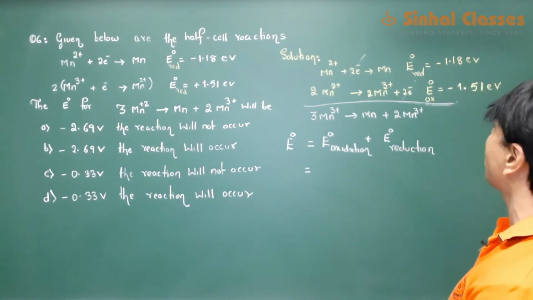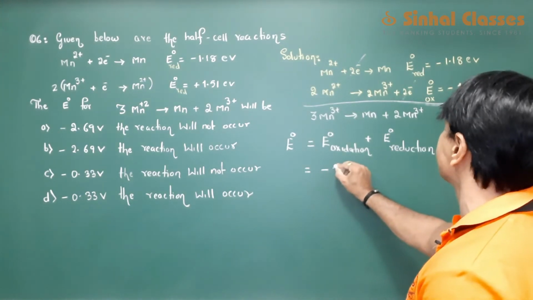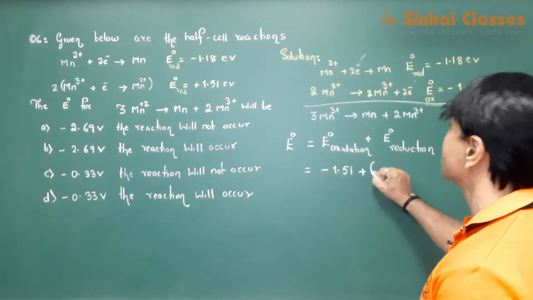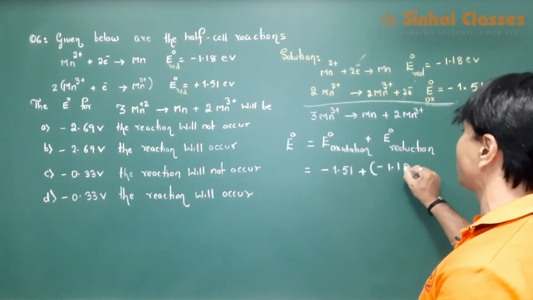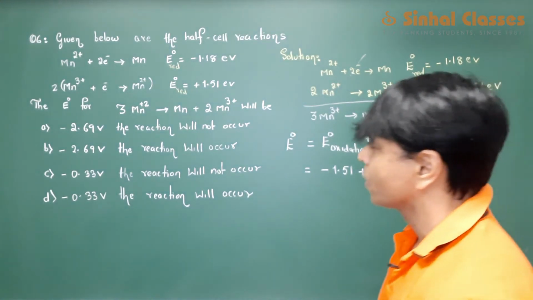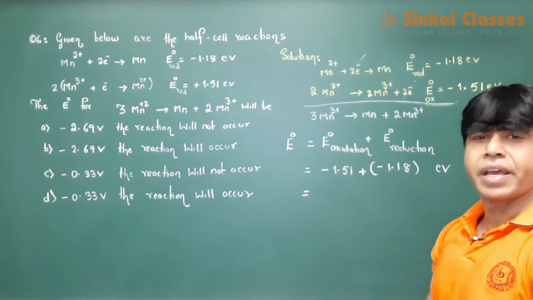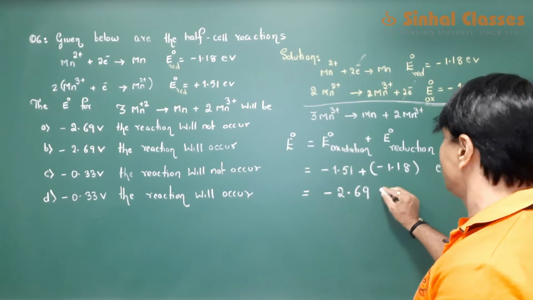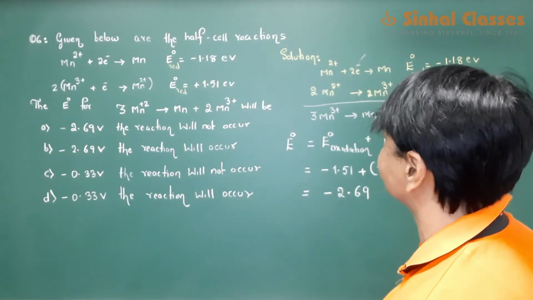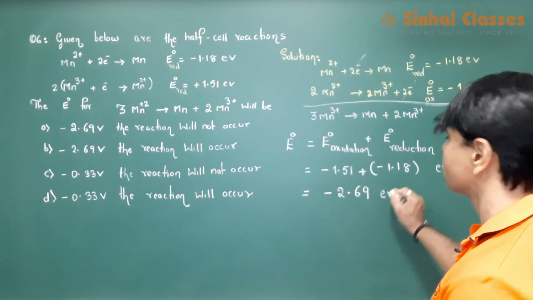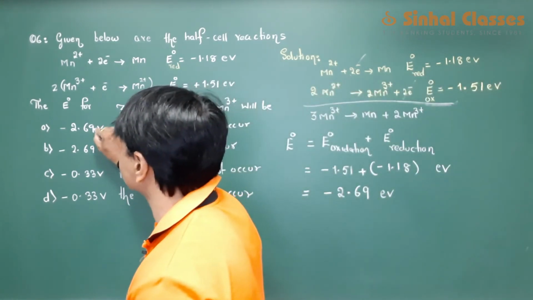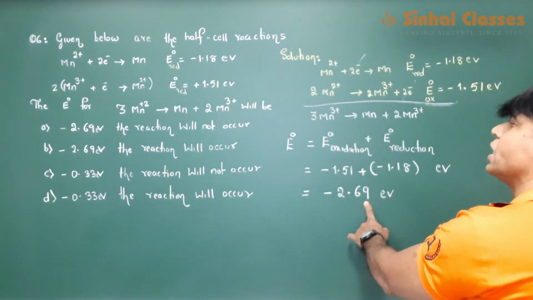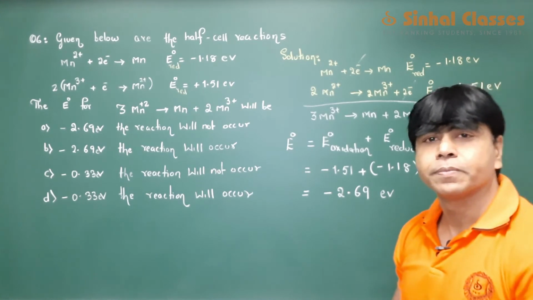Now what is E naught of oxidation? Minus 1.51 electron volt plus minus 1.18 electron volt. So now the answer which you get here is minus 2.69 electron volt. Okay, so all options should be electron volt. So you get 2.69 electron volt.